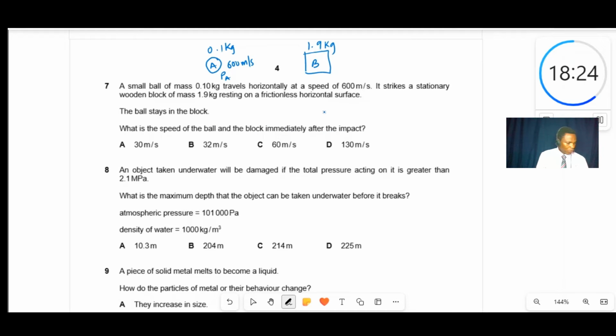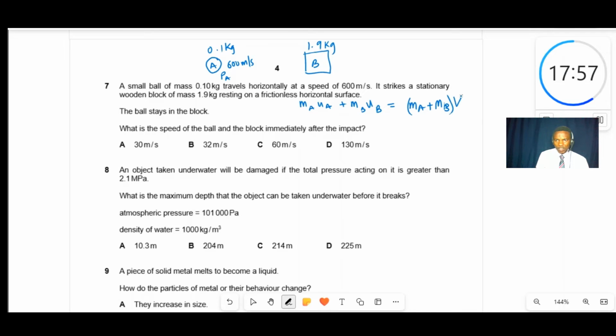This is an inelastic collision, so you have MA UA, since A is the only one moving, plus MB UB equals MA plus MB times a common velocity.